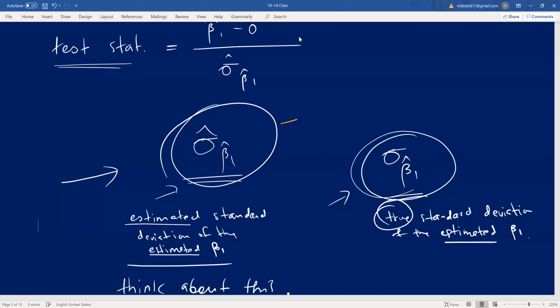Another notation for this is S of beta hat 1, or yet another notation is S of b1.